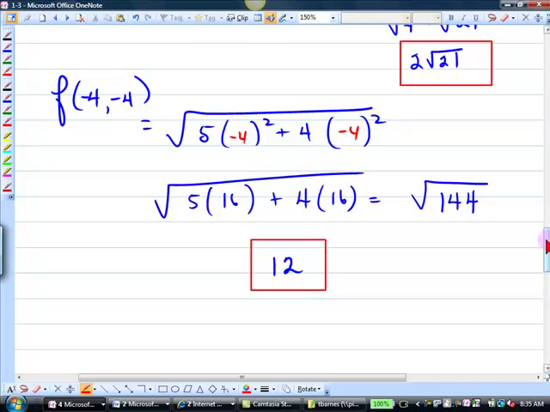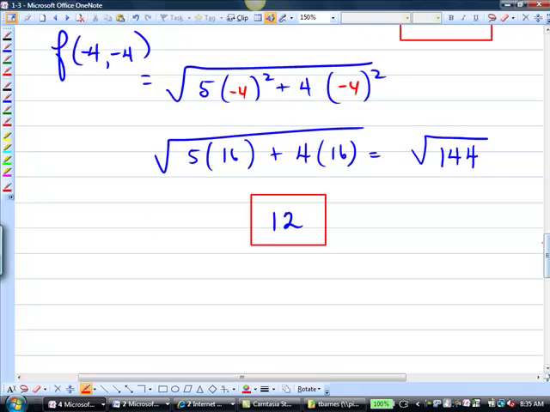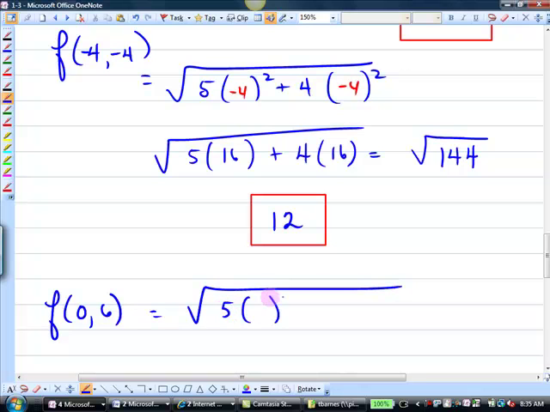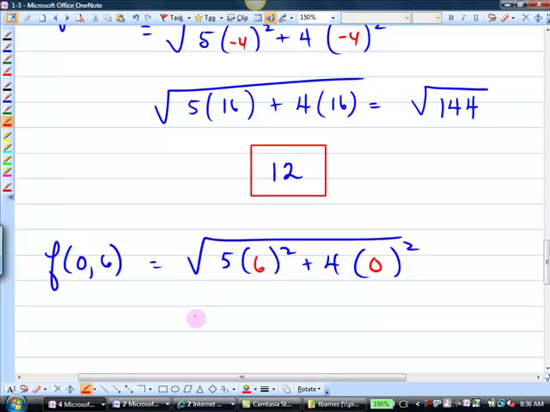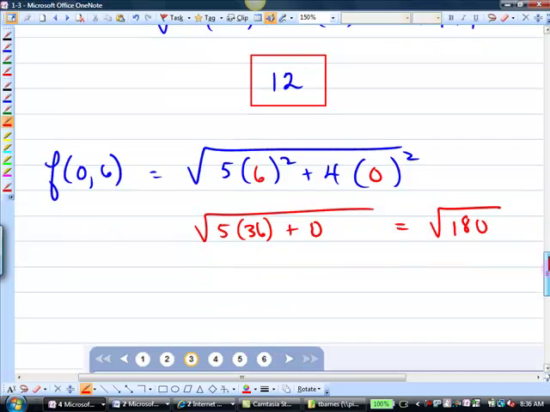Okay. And the last one was f of 0, 6. Okay, so, whoops. I don't know why I was still in red.